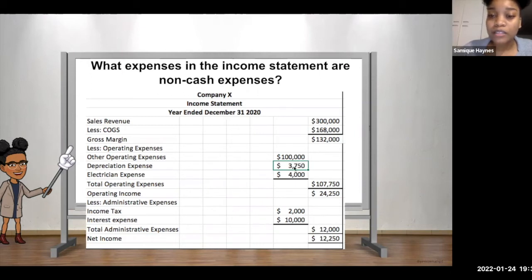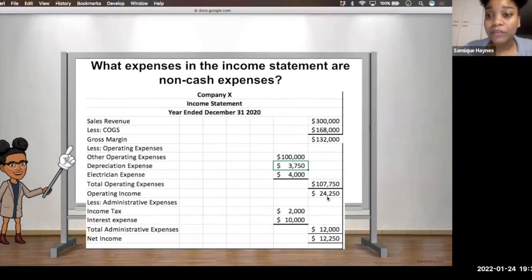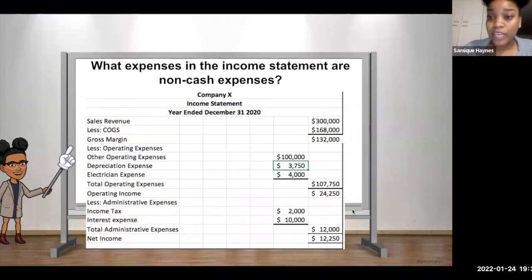My question is, what will happen if we did not have a depreciation expense? What will happen to our net income? It will increase, exactly. Net income is going to go up if we do not have a depreciation expense.